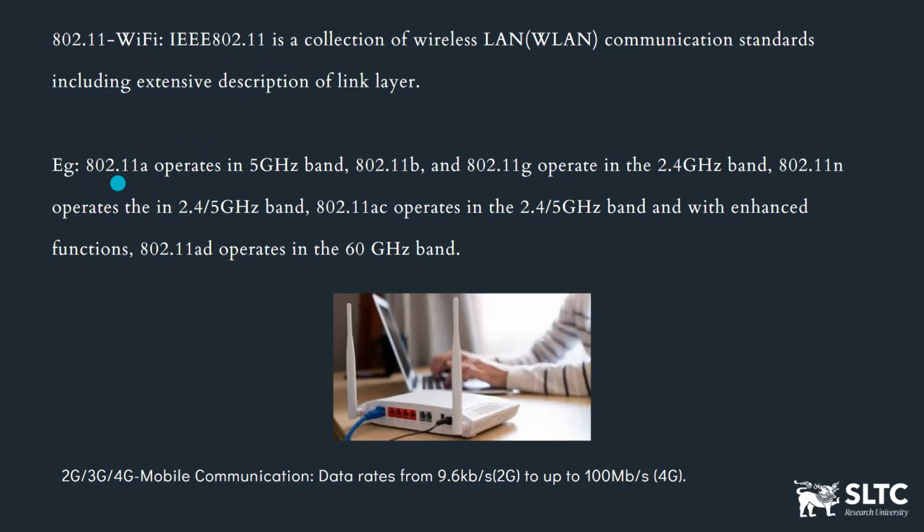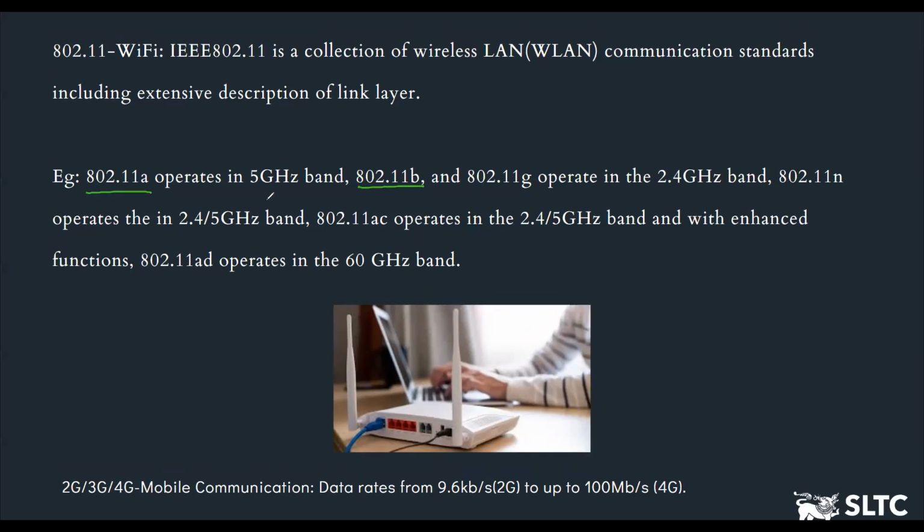So we have 802.11a, then we have 802.11b, then we have 802.11g, 802.11n, 802.11ac, and 802.11ad, and so on. These different protocol standards are there for different types of communication.